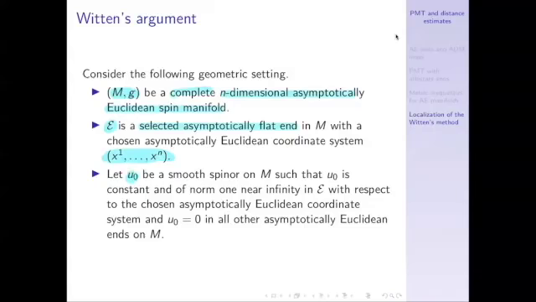Suppose that U0 is a smooth spinor on M, which is constant of norm 1 at infinity in E with respect to our asymptotically Euclidean coordinates, and such that U0 is equal to 0 in all other asymptotically Euclidean ends on M.